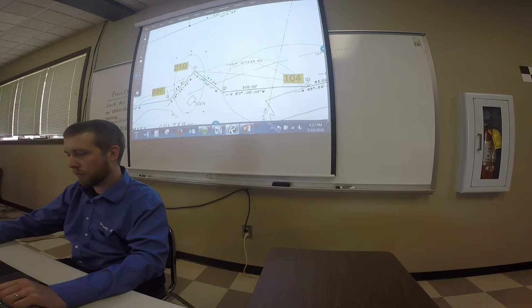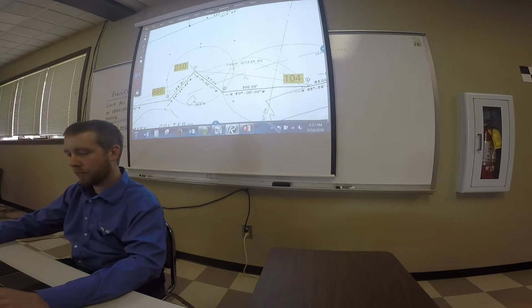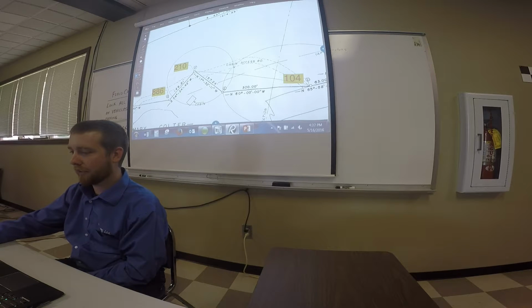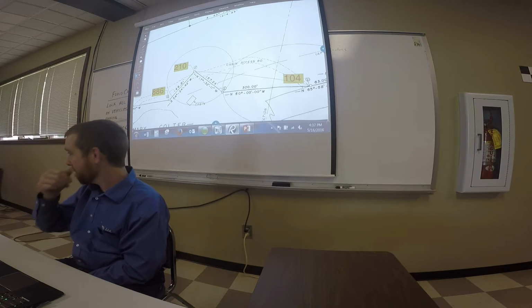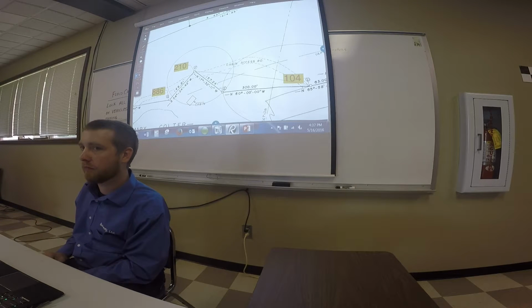Those circles are centered on your pin, and then you can see where they intersect. It intersects down here and also up top. So if you draw a straight line from 210 to 104, you want the right side intersection. If you draw that out on the map, you know exactly which way to do it.